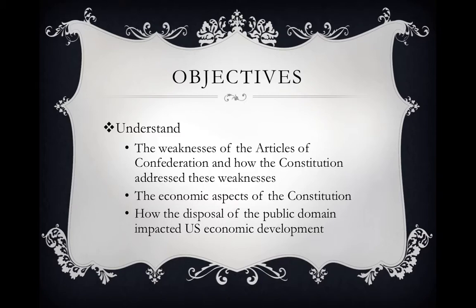So obviously, what were the weaknesses of the Articles of Confederation? So make sure when you're doing your readings that you look at anything that relates to the weaknesses, and make sure you have a very good understanding of what the weaknesses of the Articles of Confederation were. And then finally, since we switched to the Constitution, how the Constitution addressed the weaknesses.